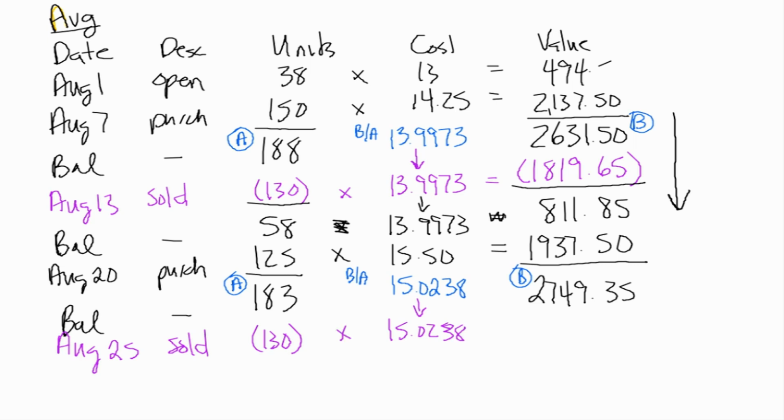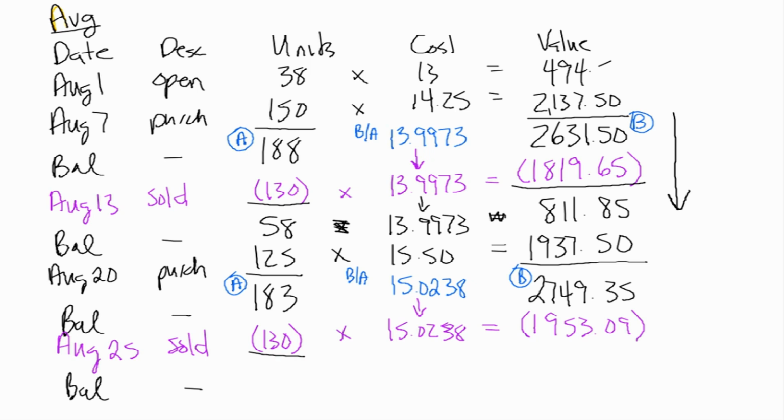Here I multiply. When I'm just doing the sold, I have to multiply it out. So here I multiply it out, and I get negative $1,953.09. And then, of course, it flips because I don't have anything else going on. I need a balance at the end of the period.